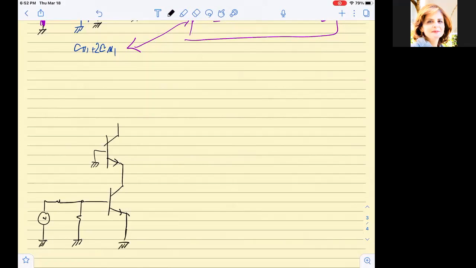Here at this node I have RC, and then I have here the other capacitor, which is C mu2. Okay, and now for C mu2, I'm going to short the signal. The current here equals 0, so this is really not significant for me. It's as if this node is grounded.